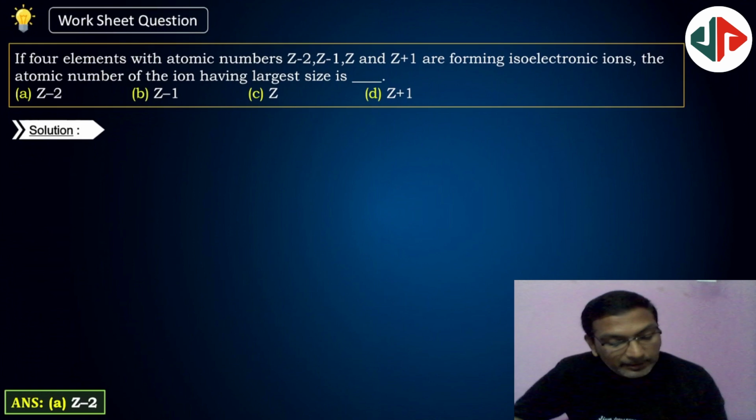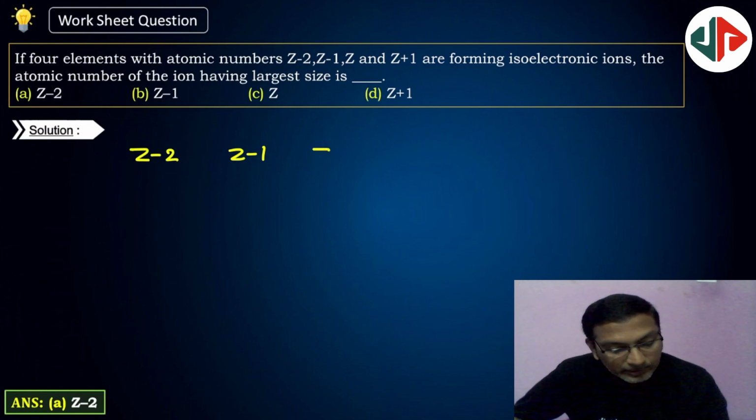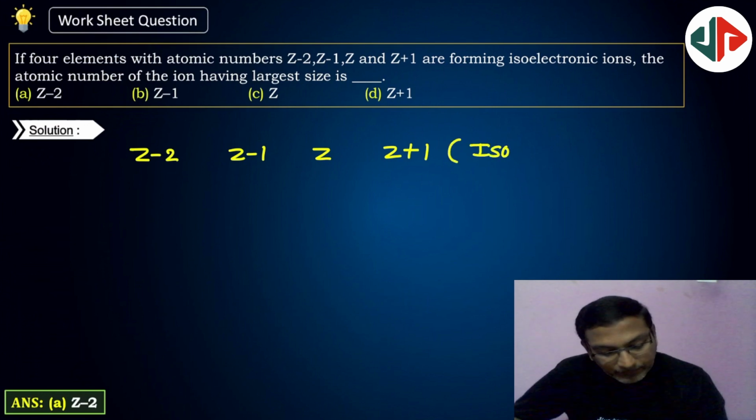Next one, 4 elements with atomic numbers Z minus 2, Z minus 1, Z and Z plus 1 are given. These are isoelectronic species.